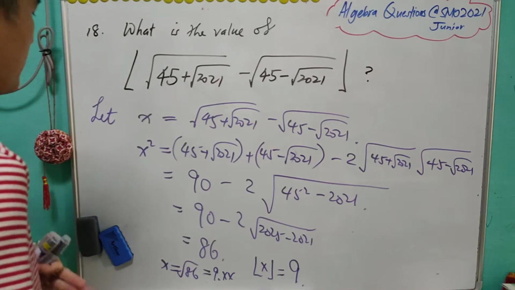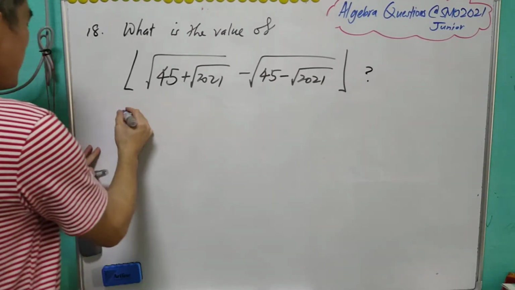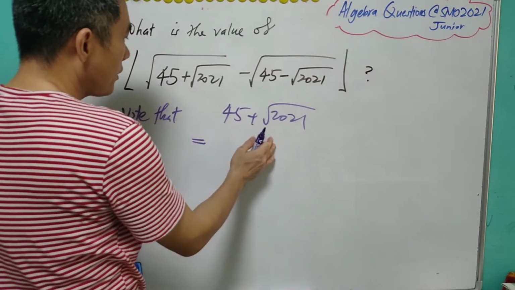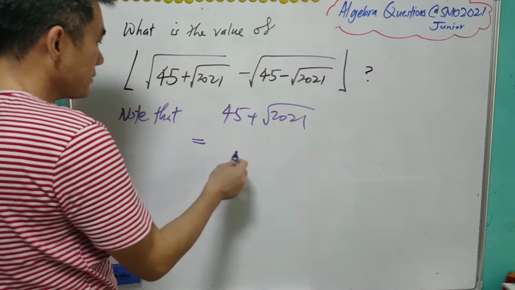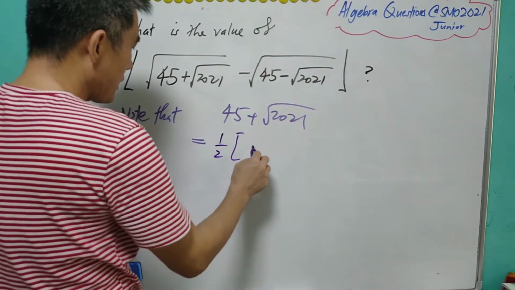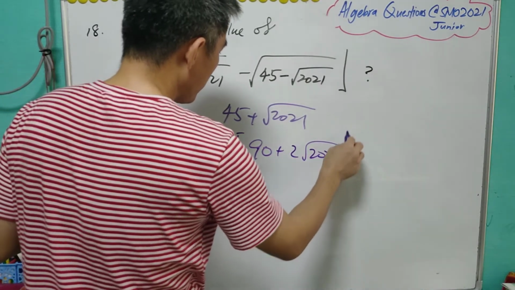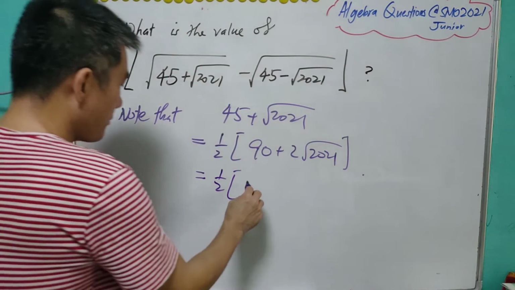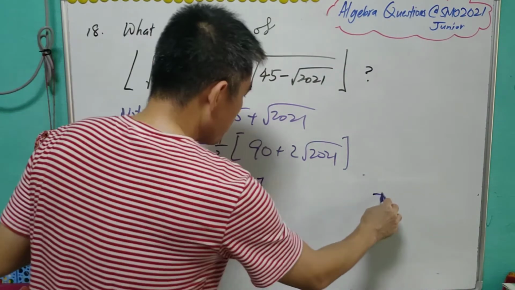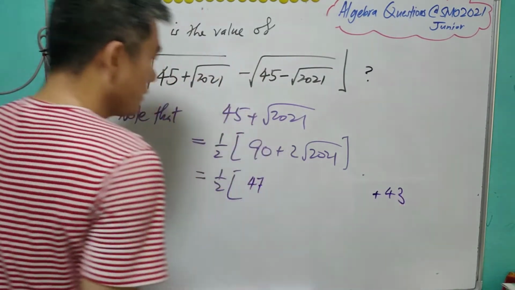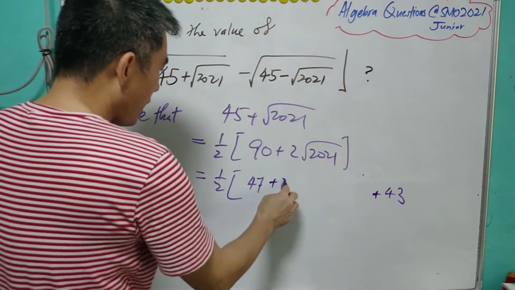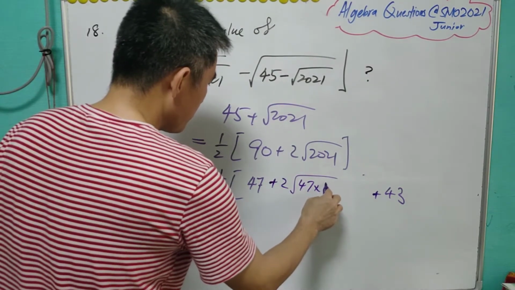And we go to the next possible method. For the next method, we notice that 45 plus the square root of 2021 can be written as half times 90 plus 2 square root of 2021. 90 can be written as 47 plus 43, and 2021 can be written as 47 times 43.